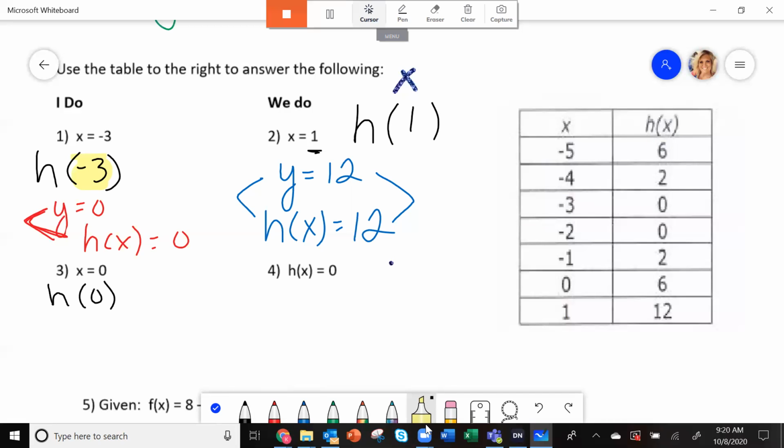Well, look here where the x number is 0. What's my y value? My y value is 6. So I get y equals 6. The other way to write this so that it's in function notation is h of x equals 6. Again, these two things mean the same.